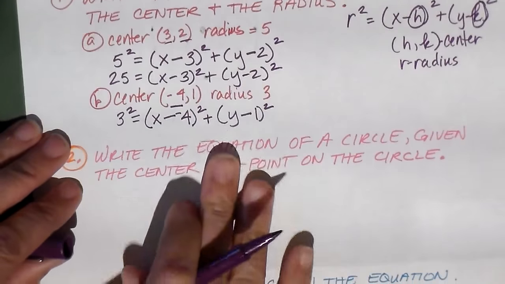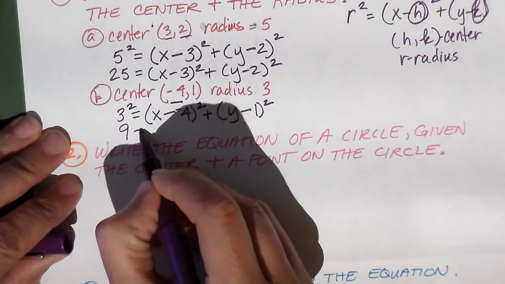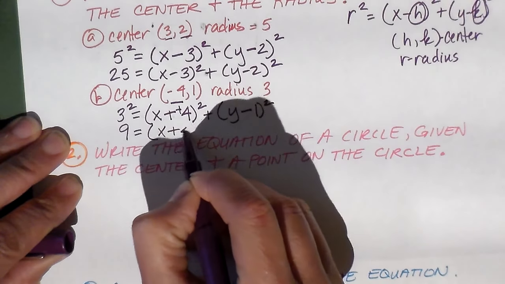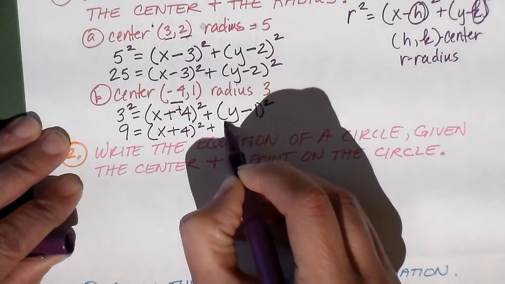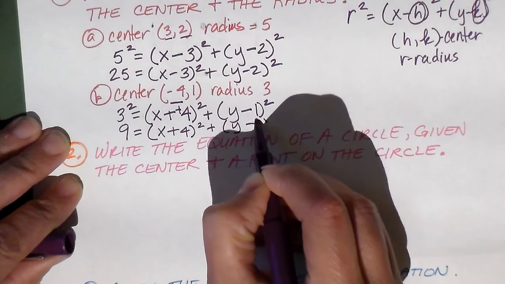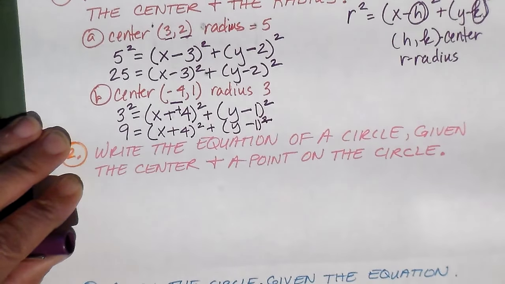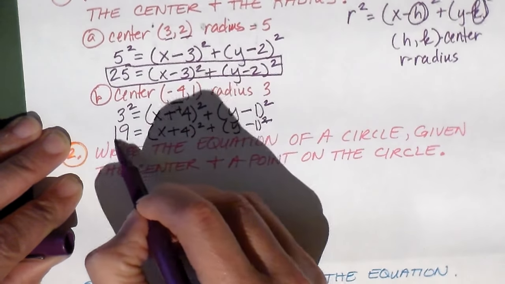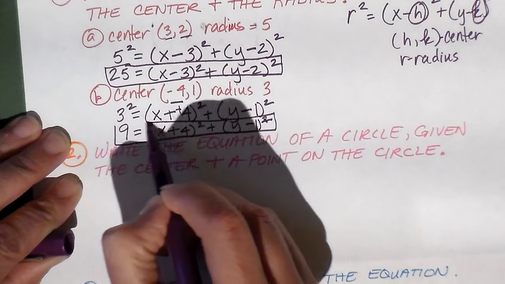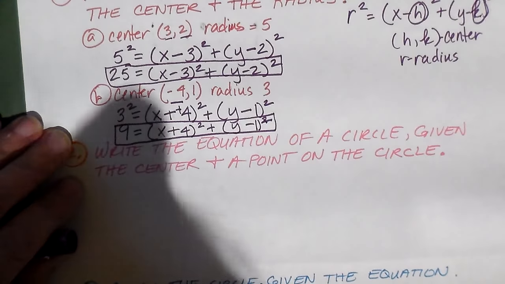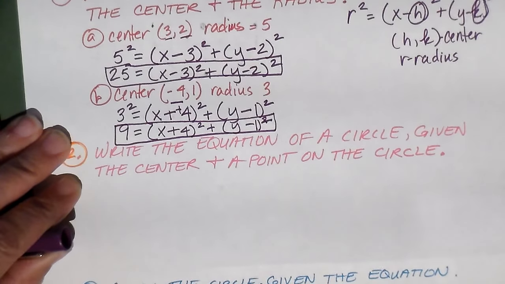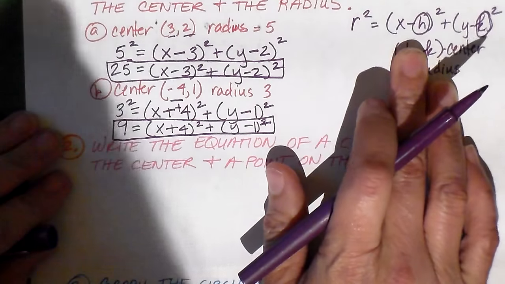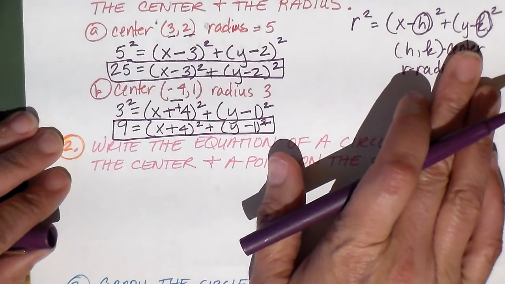So 3 squared becomes 9, and minus a negative changes to plus a positive, so that becomes x plus 4 squared plus y minus 1 squared. So that's how you write the equation of a circle when you're given the center and the radius. Again, it's r squared equals x minus h squared plus y minus k squared.